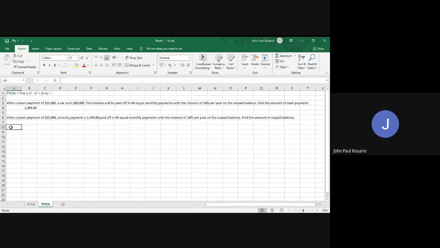Okay. So with that, using our formula, our payment is 1459.08, and then we multiply that by 1 minus 1 plus 0.16 over 12, raised to the power of negative 60, and then over i, which is 0.16 over 12.